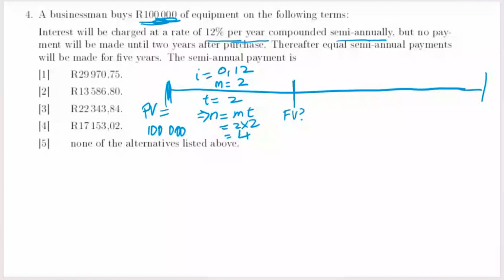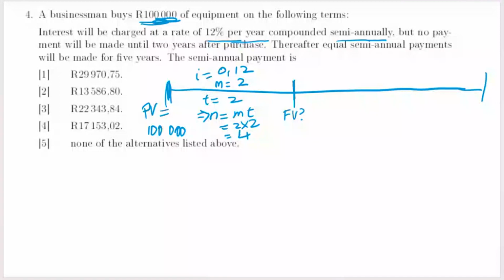Now let us look at what is happening thereafter. Thereafter, equal semi-annual payments will be made for 5 years. Remember, if you read your notes, if the question is not specifying whether you are making payments at the end of the month or at the beginning of the month, like this question, the assumption is you are making them at the end.